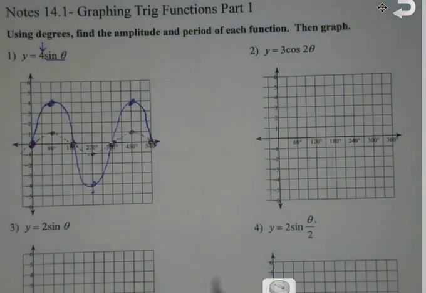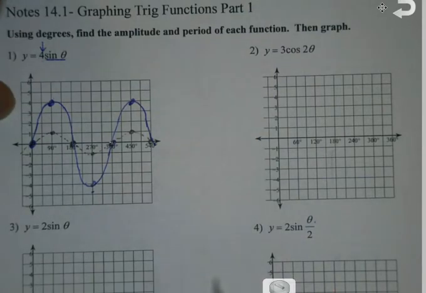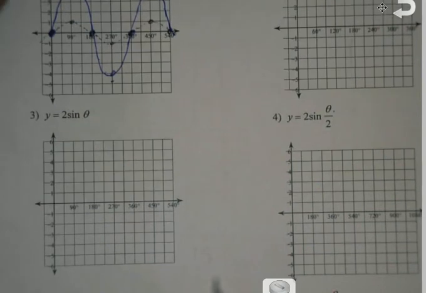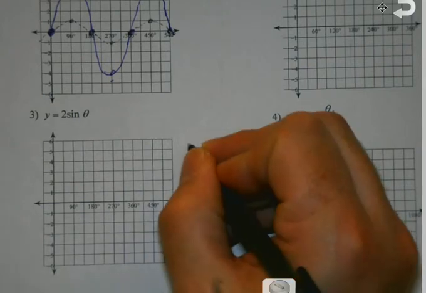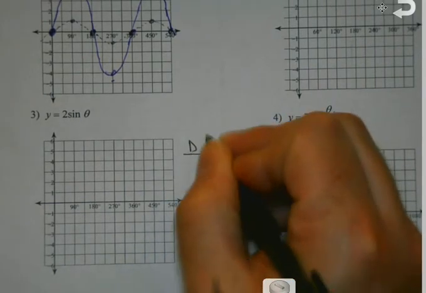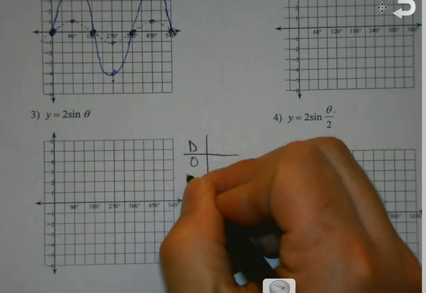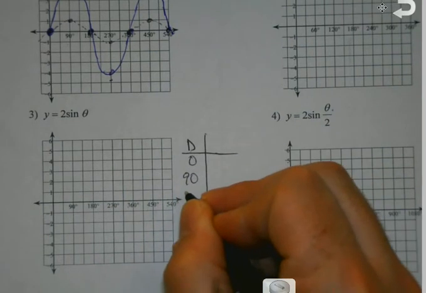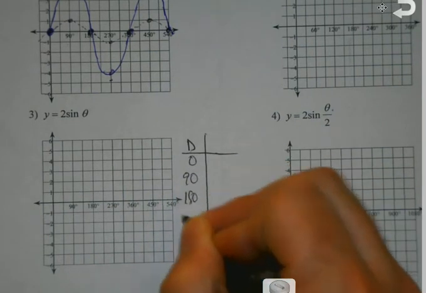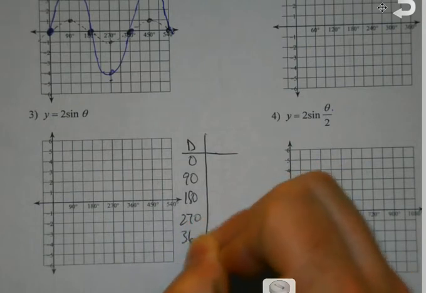We're going to go past number 2 for just a second. I want to come down to number 3. Now, you're like, same thing, except it's 2, right? So here's what some of you may choose to do sometime. You're like, okay, my degree measures are 0 and 90 and 180 and 270 and 360.